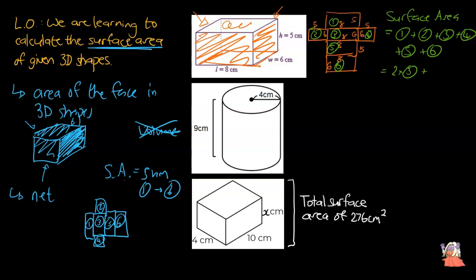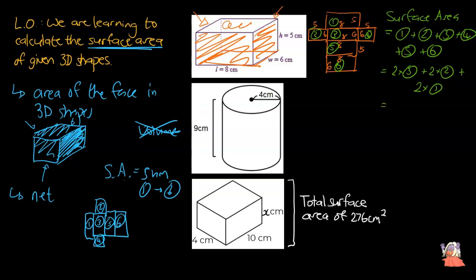So it's going to be plus 2 times surface number 2, and then the same for the remaining bits. So those would have been the other sides, 1 and 5. So it's going to be 2 lots of 1 as well, plus 2 times the 1. And each of those shapes are all rectangles.